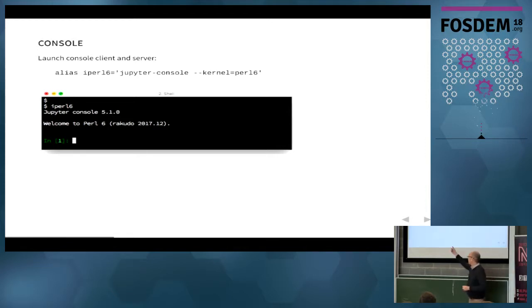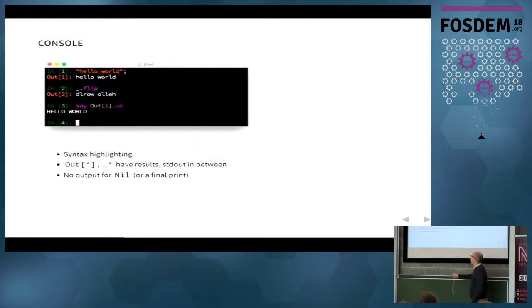You'll be greeted with this prompt. It says In [1]. And if you type something in there, then you'll get Out [1]. So if I type in the string hello world, then the result of that expression becomes Out [1], which is the string hello world. And you can do the same thing with In [2], and you get Out [2], and so on.